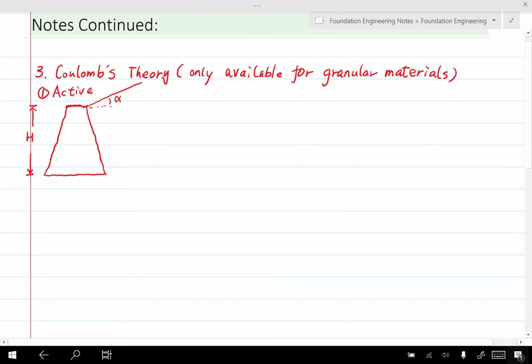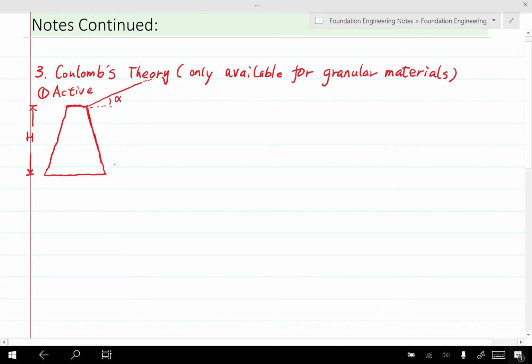In the Coulomb theory, the key to the acquisition of the coefficient is through the consideration of the soil body behind the back of the retaining wall. Here, this is the back. The back is the side with soil. And we assume that if the soil body behind the retaining wall fails, we will have a planar slip surface.